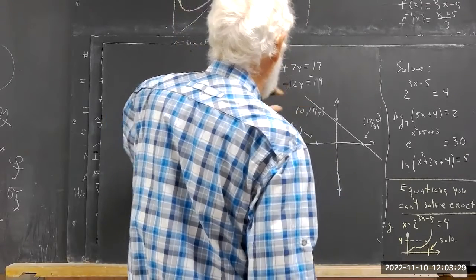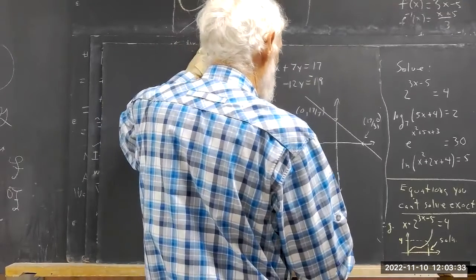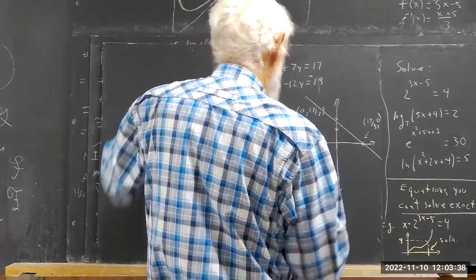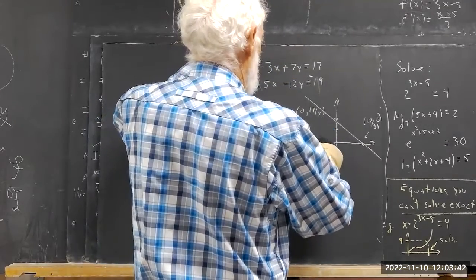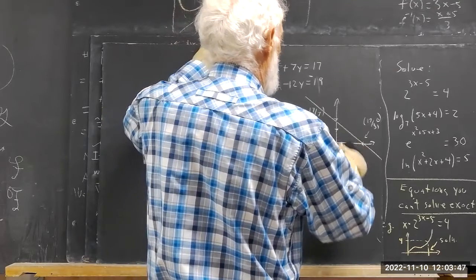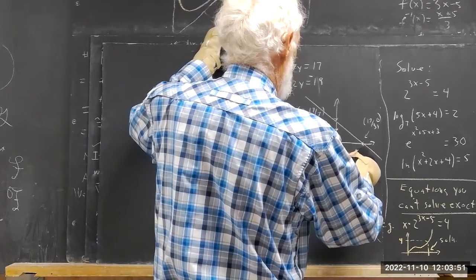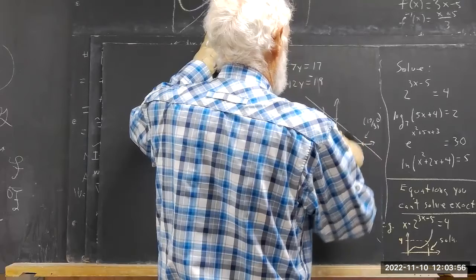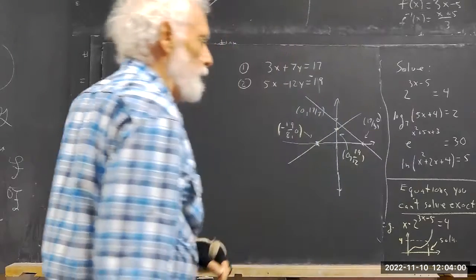And then if x is 0, y is 19/12, which is a little more than 1.5. So this point is going to be (0, 19/12). And my line is going to be here.